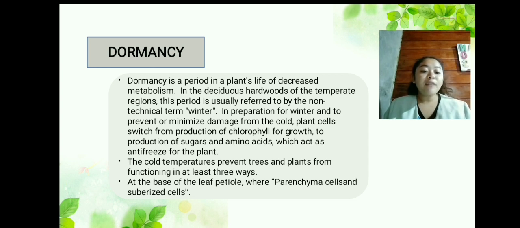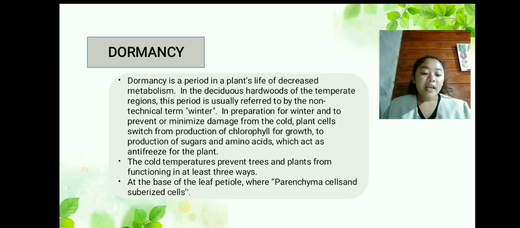At the base of the leaf petiole, parenchyma cells and suberized cells form. Parenchyma cells, which are very soft, form on the leaf side of the petiole. Suberized cells, which are waxy and impermeable, are formed on the tree side to act as a protective seal.